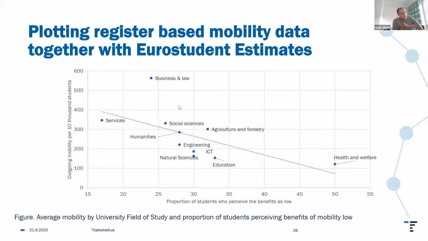Of course, we could plot the motivation with the self-reported mobility intention, but this is more valid because this figure depicts the long-term average of mobility by field of study, and in my opinion, speaks for the validity of this measure, that one should be interested in the perceived benefits as an obstacle to mobility, which then further leads us to continue our analysis in trying to explain the differences between different fields of study for this measure.